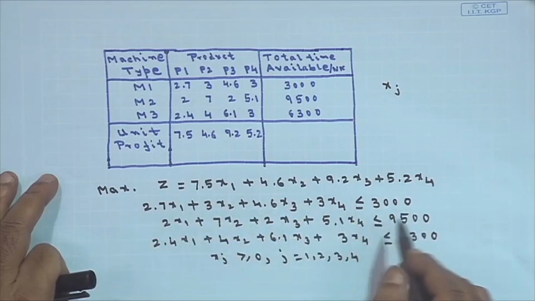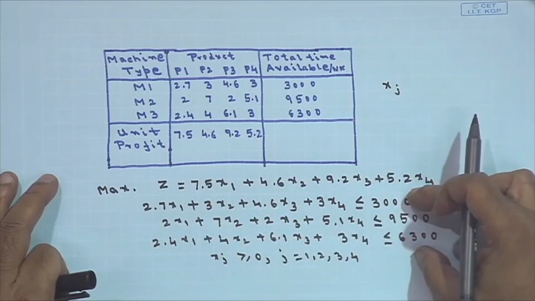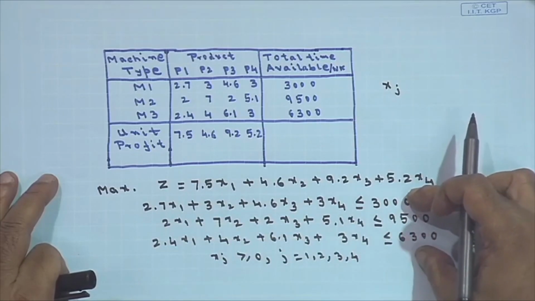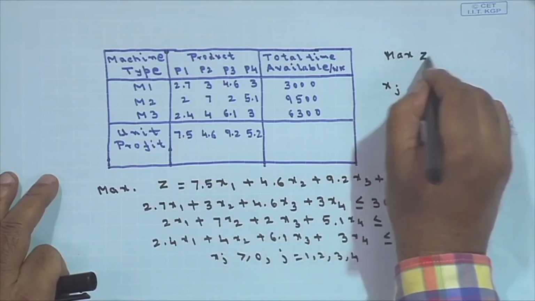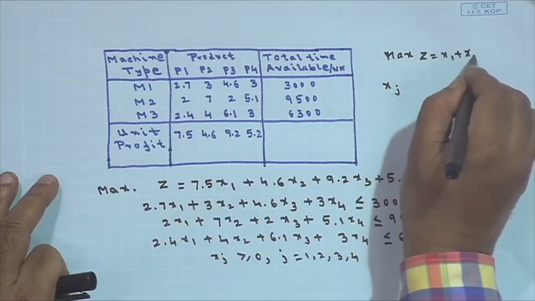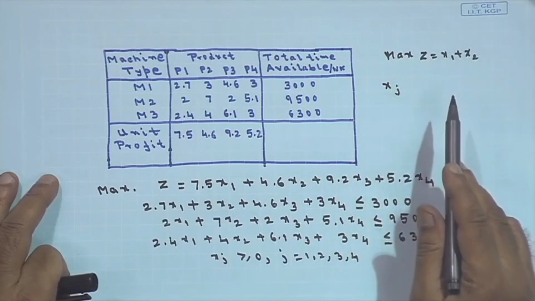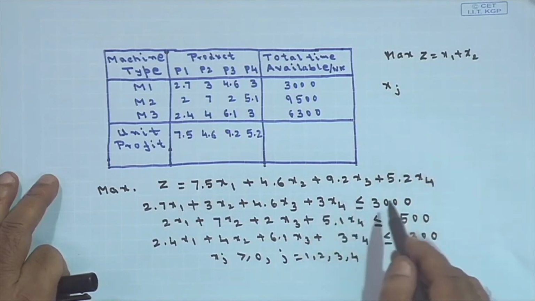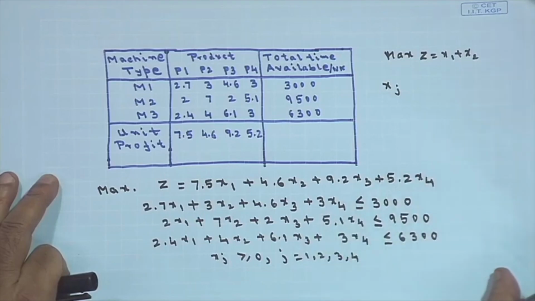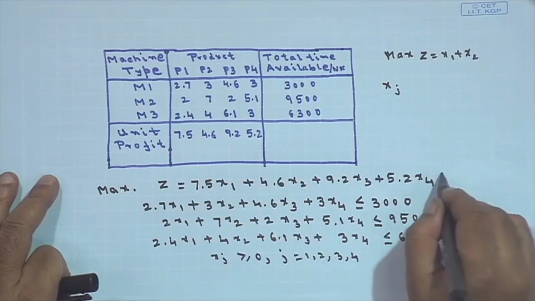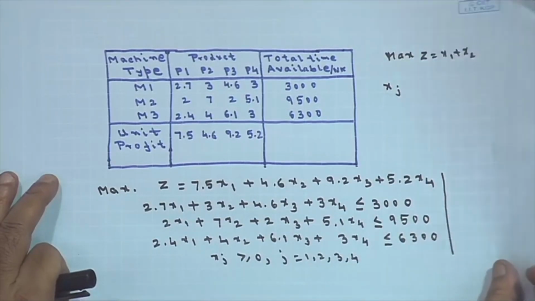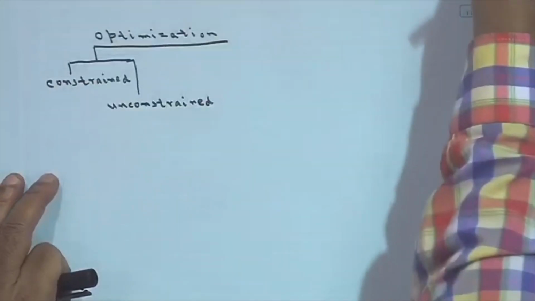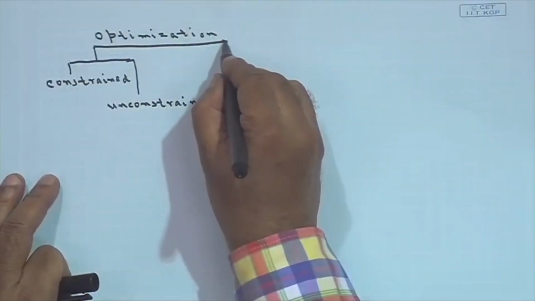So if these constraints are not there, say I have only max z equals x1 plus x2, this is one unconstrained optimization problem, whereas if I have the constraints, then we can tell that this is a constrained optimization. So this second one is the constrained optimization, whatever we have discussed. So, this is one part.